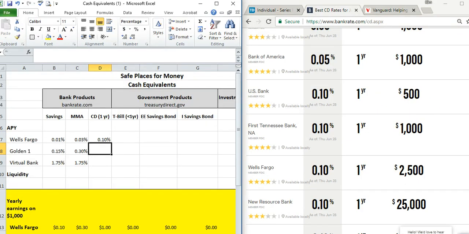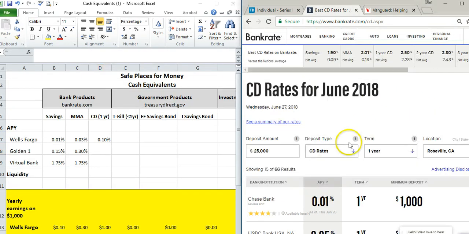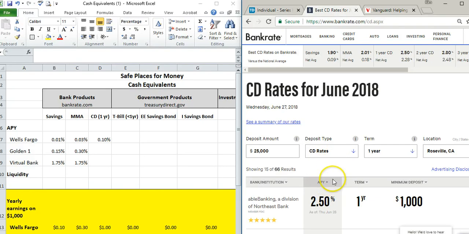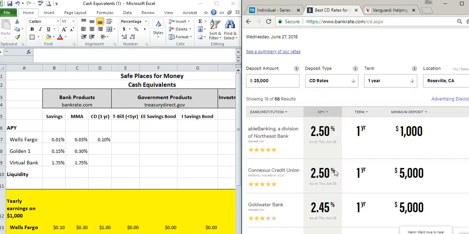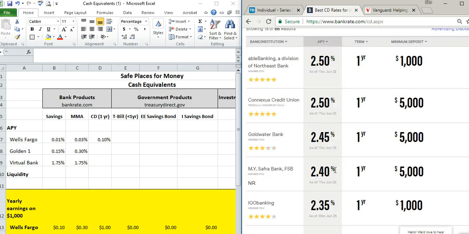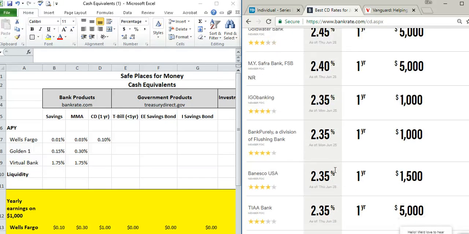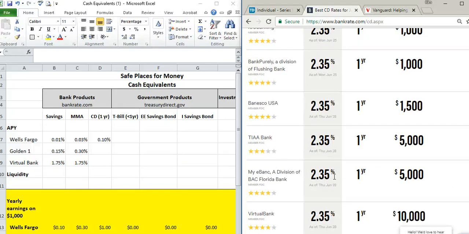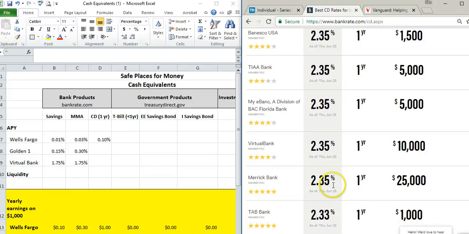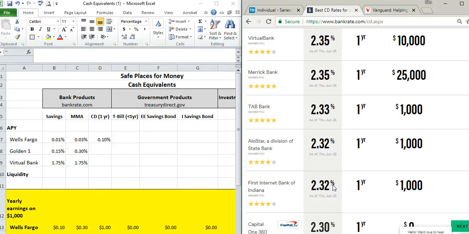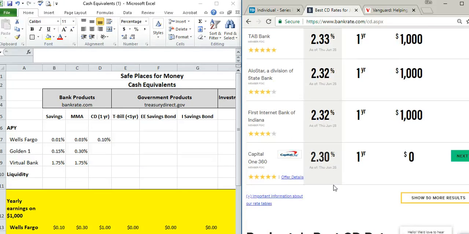But now I'm going to go back up to the top and resort these so I pick up the virtual banks. So here they are. If you put your money in a virtual bank CD for 1 year, it's going to pay you these types of rates that I'm going through right now.